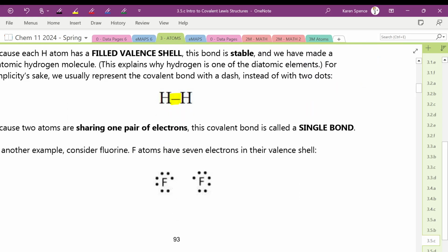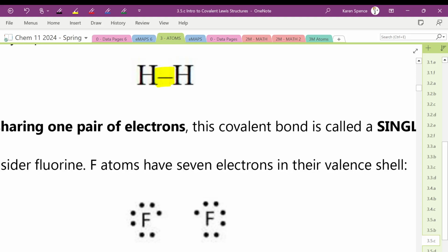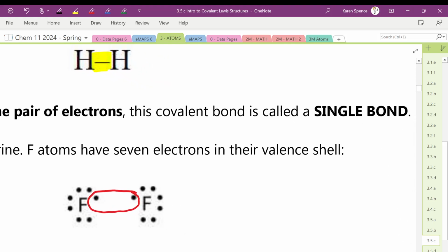Can you guess what would happen with fluorine? They're going to share 1 electron each. So how would we draw that then?